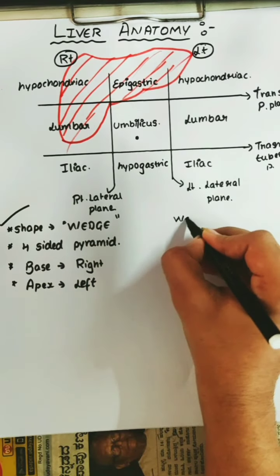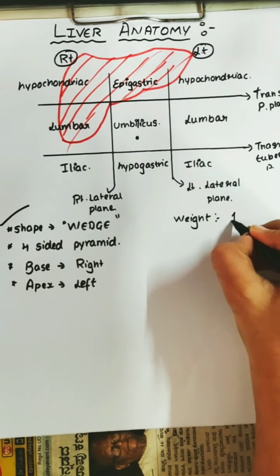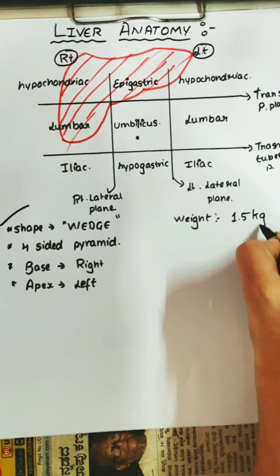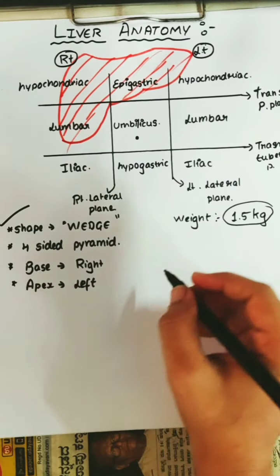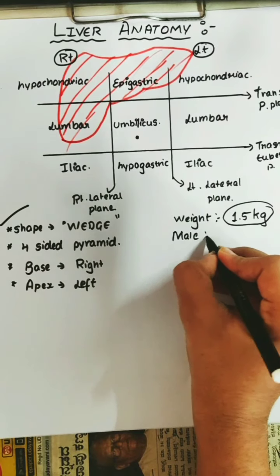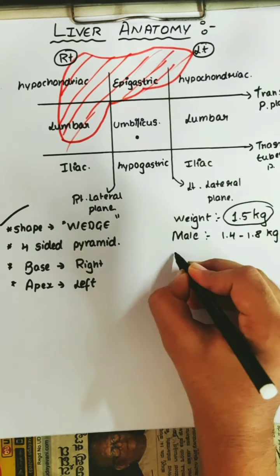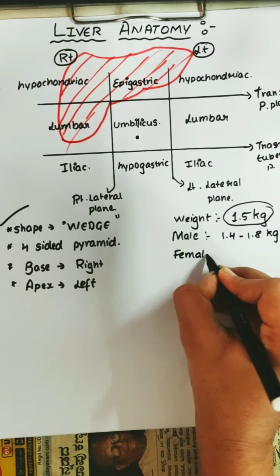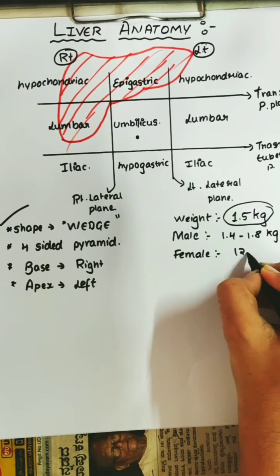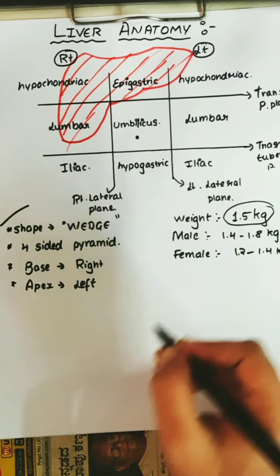What is the weight of the liver? So weight of the liver in general, write it as 1.5 kg. If you want to explain briefly, then in male it is 1.4 to 1.8 kgs, and in female it is 1.2 to 1.4 kg.